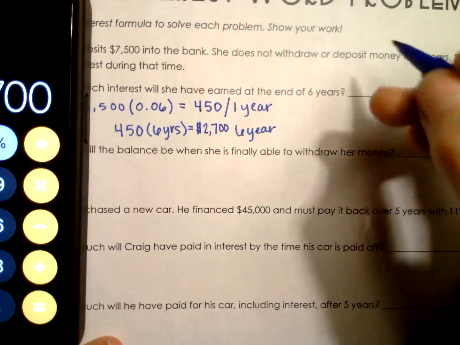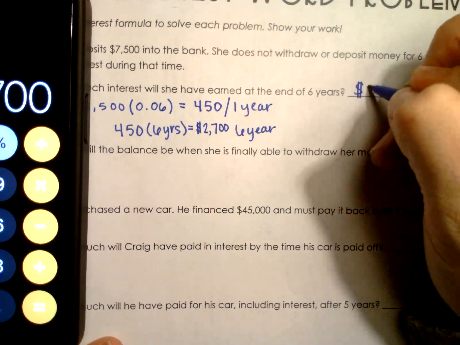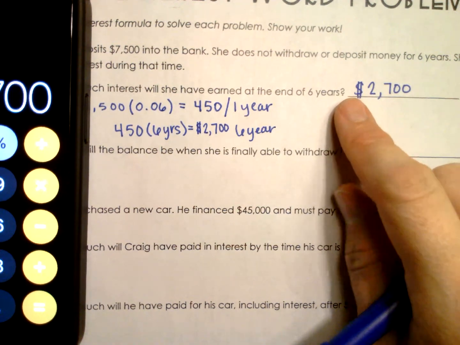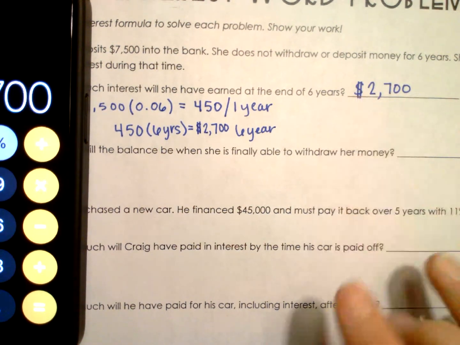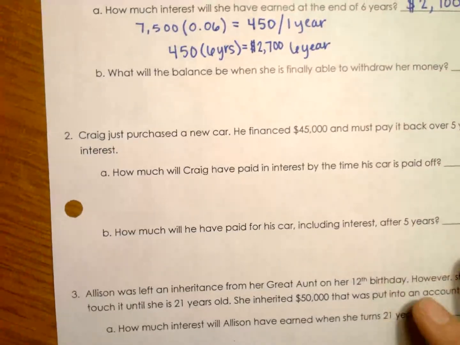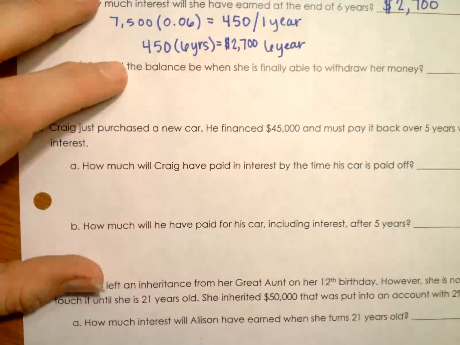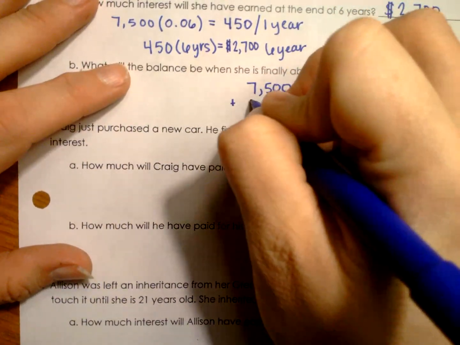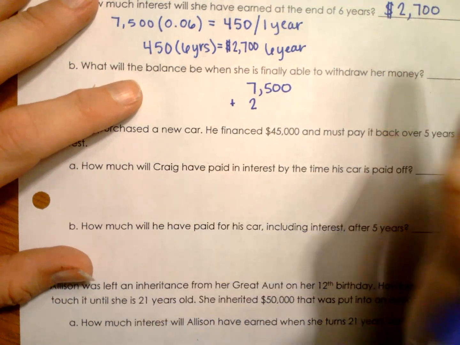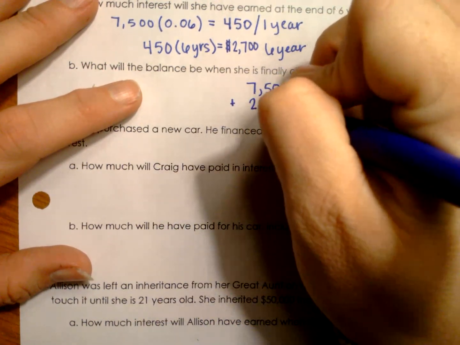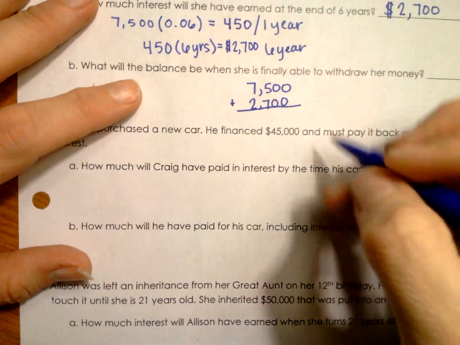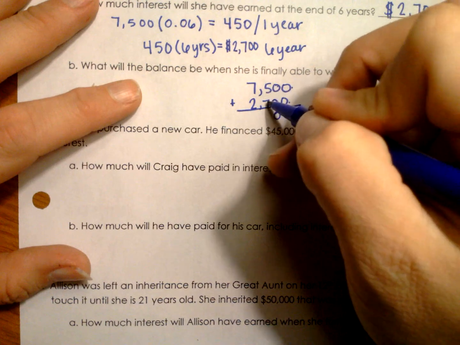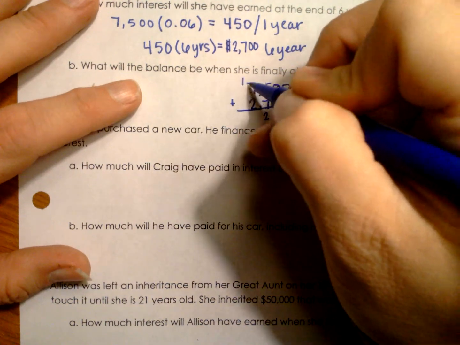So the answer for part A, well, it's $2,700, and I have to make sure I have the dollar sign. We're dealing with money. Now her final balance, when she's ready to withdraw her money, is she's going to take her initial 7,500 and she has to add what she earned in those 6 years. 0 plus 0 is 0. 0 plus 0 is 0. 5 plus 7 is 12. 7 plus 1 is 8.